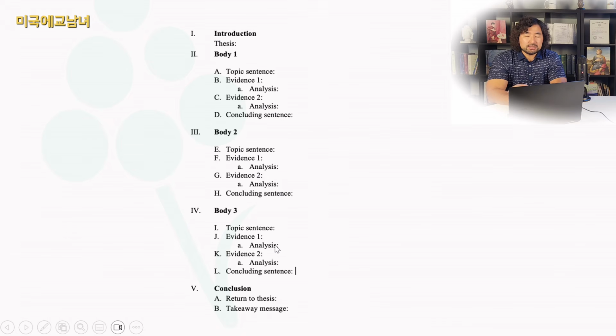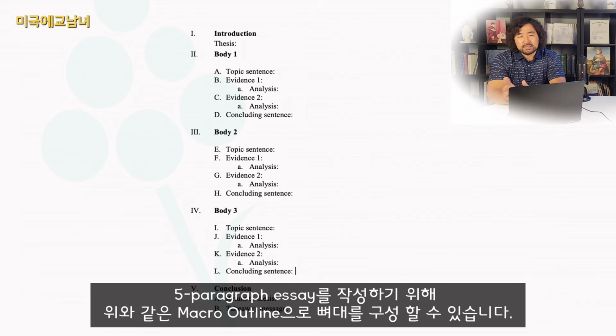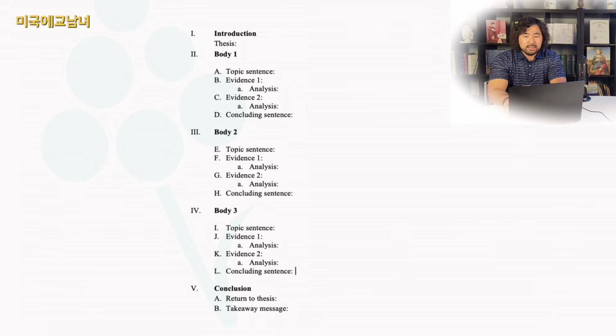The 3 bodies make up 3 paragraphs, and there's the introduction, of course, and the conclusion. This is the typical standardized 5-paragraph essay, which applies to any type of writing. Depending on the situation, you might want to add 1 or 2 more paragraphs, but as I mentioned, this is the standardized 5-paragraph essay.